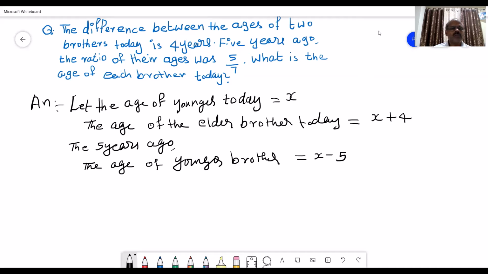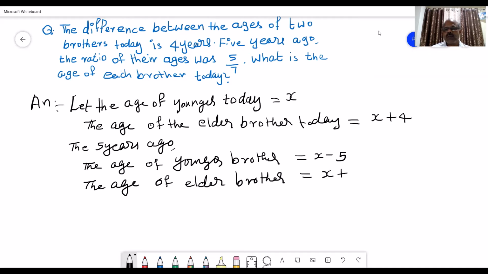So what will be the age of the elder brother before 5 years? Today, the age of the elder brother is X plus 4.